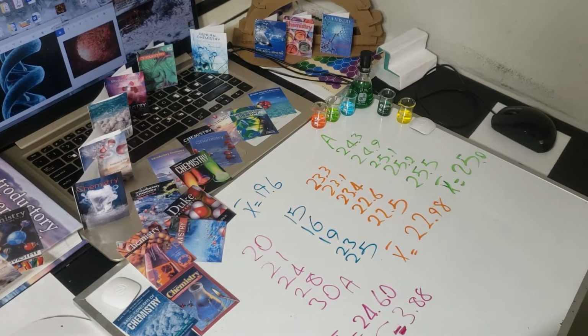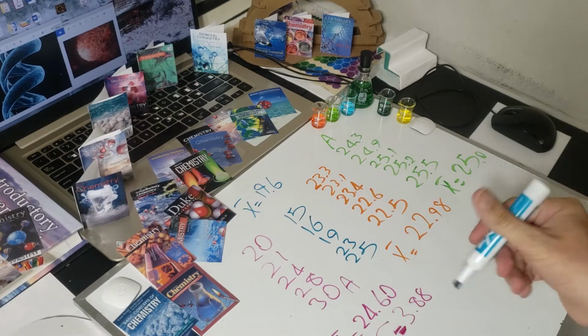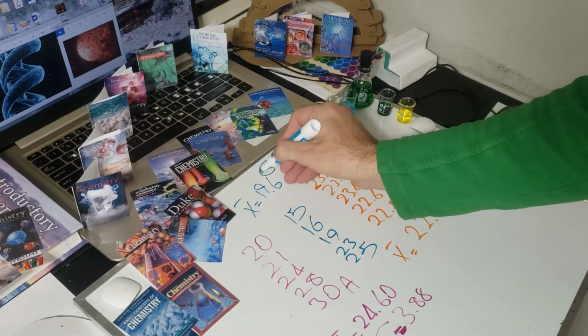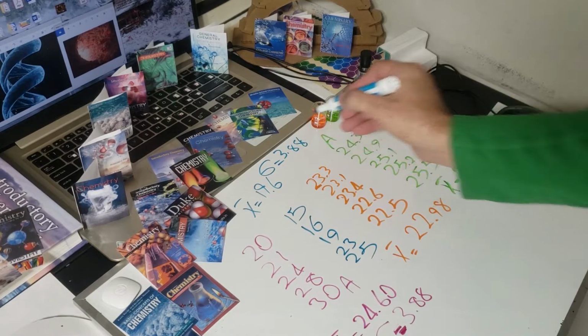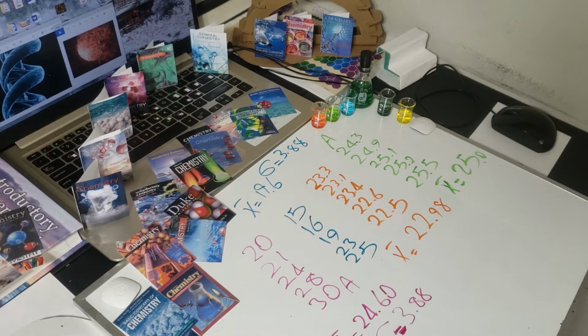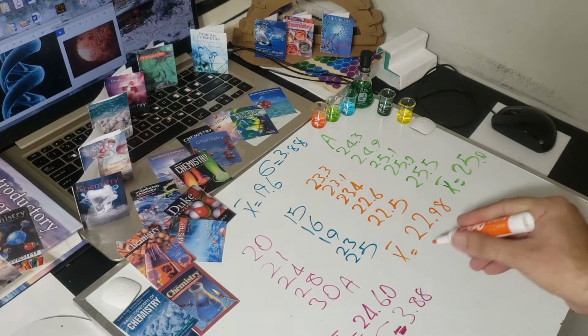This one, if you do sigma for this one, you would also find a sigma of 3.88. So this one is also not that precise. And you could find the other one with a sigma that is 0.37.